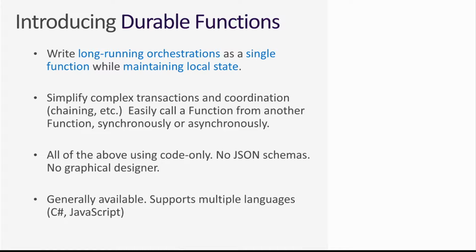So you can write a single orchestration that might last the duration of an entire week or a month, that might call multiple functions, that might be very long running, that might have to wait for human interaction. I can write all of that as a durable function, and it just works and still runs in a serverless way. This is awesome to simplify these complex transactions and coordinations so that you can very easily map and understand the whole end-to-end system that's happening.